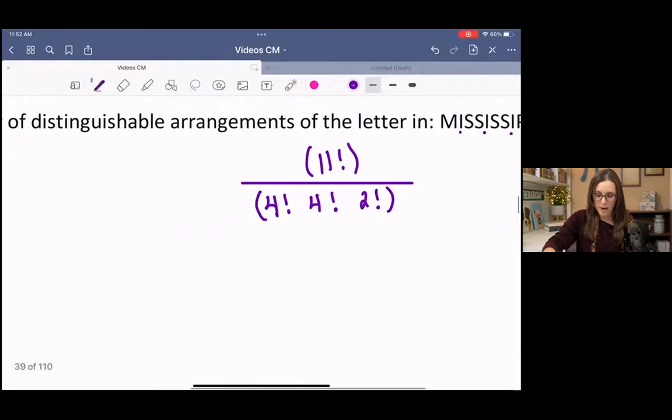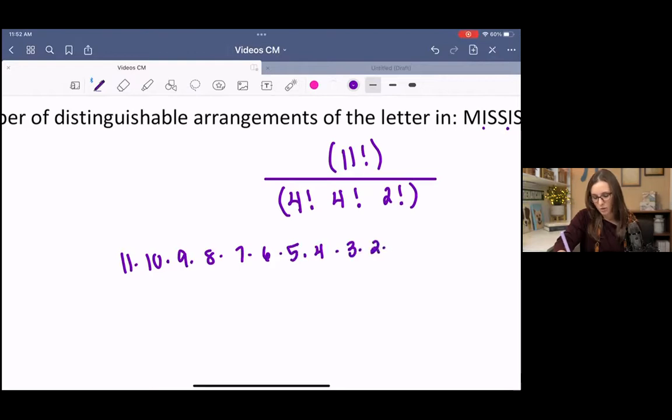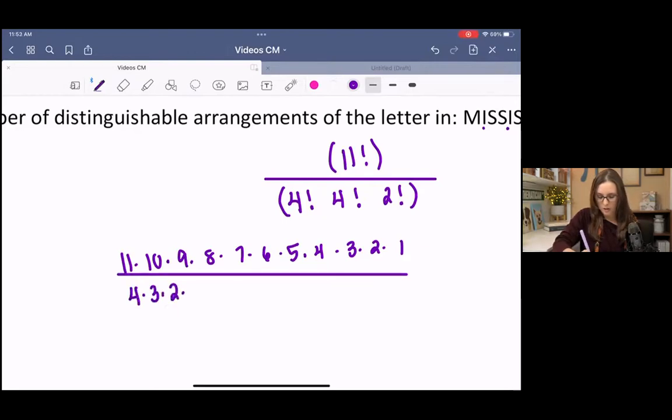If you're doing it by hand, we can expand out 11 factorial, 10, 9, 8, 7, 6, 5, 4, 3, 2, 1, very long. And then we can expand out each factorial in the denominator, 4, 3, 2, 1, 2, 1.